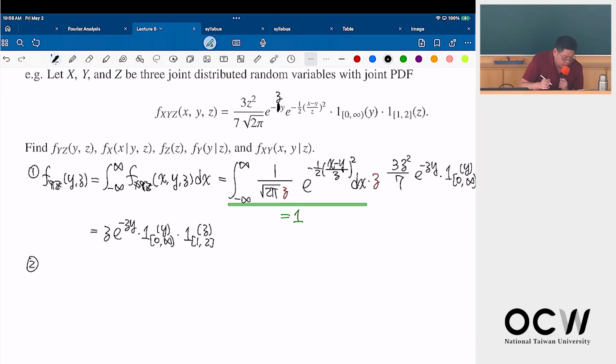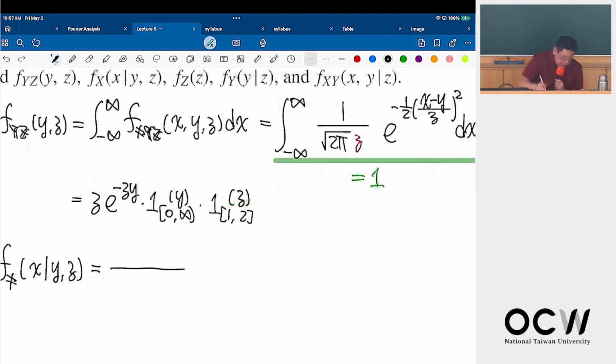Next, what is the PDF of x given y, z? So x given y, z, that is the joint PDF of x, y, z divided by the PDF of y, z.